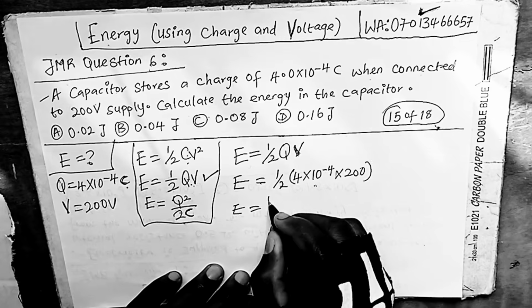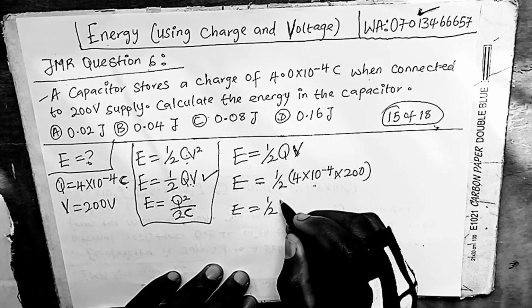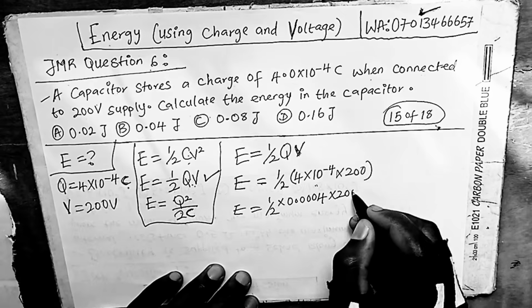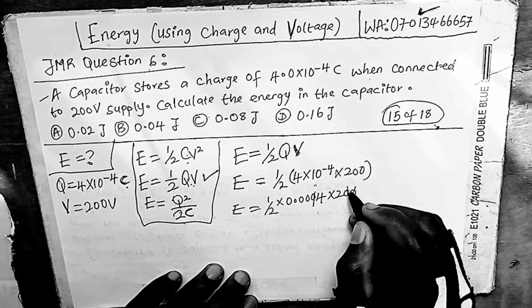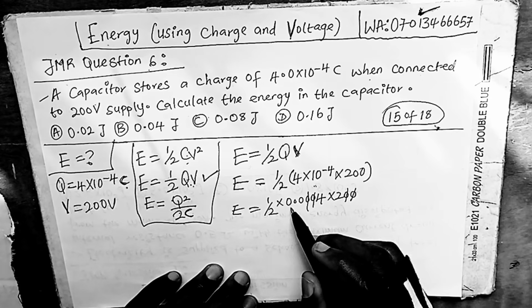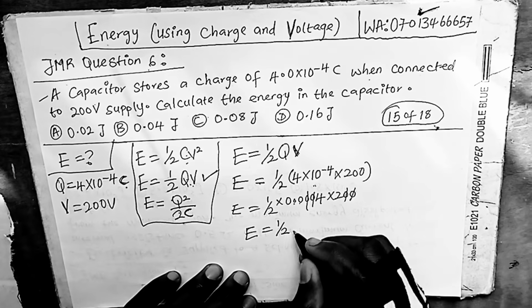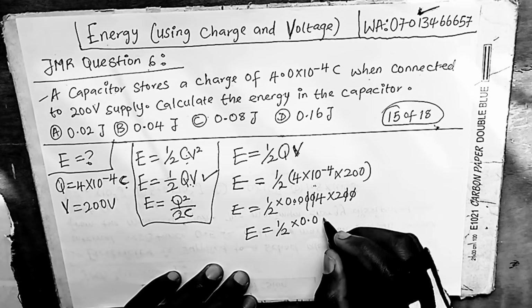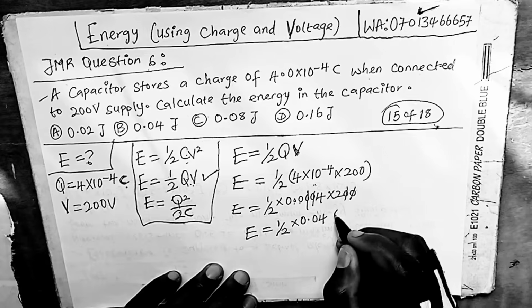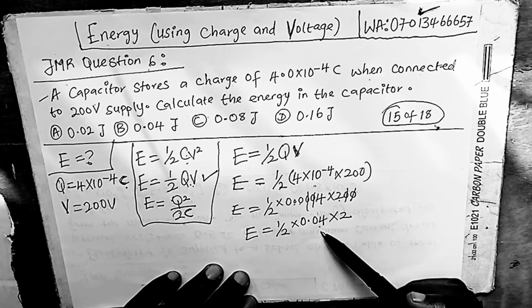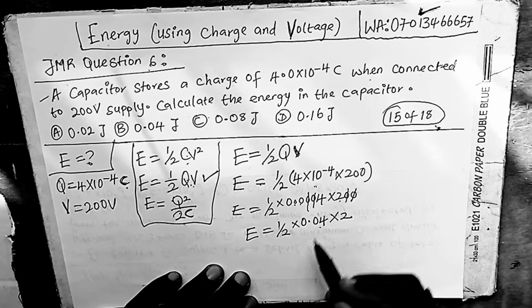Converting, we get 0.0004 times 200. If this cancels this, we are left with 0.04. So E equal to 1 over 2 times 0.04. Times 1, we get the same thing.